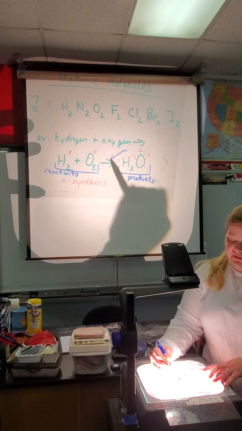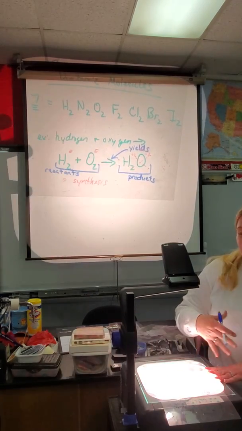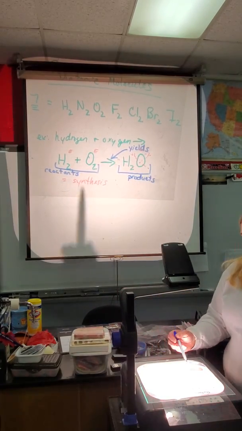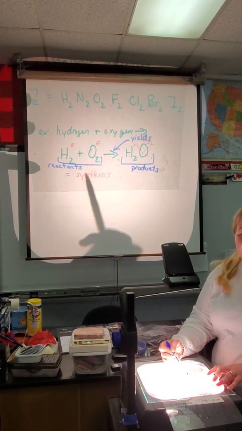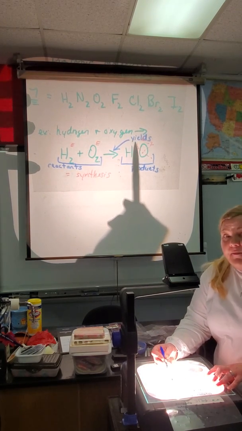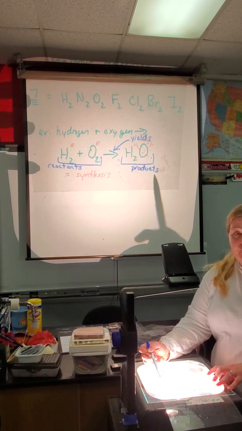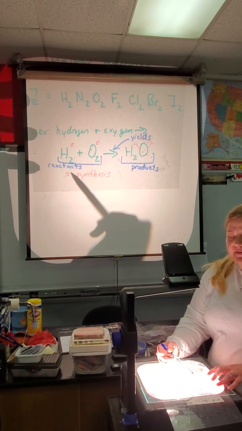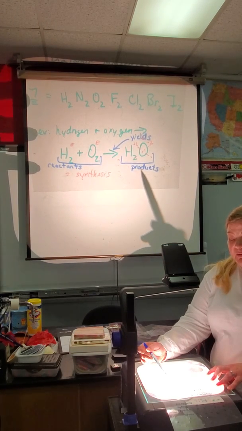This arrow means yields, kind of a therefore. So this is done this way because these elements react together and it yields, it forms, it makes the products. Products produce. So this is what is produced from the reactants. Reactants yield products.